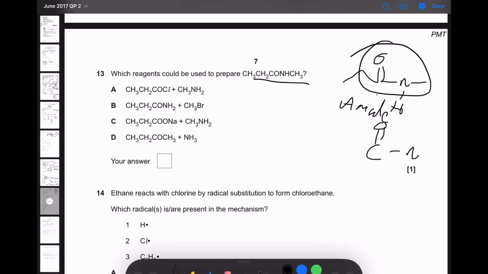So if we split this down the center, how are we going to create it? Well, we're going to react an amine with what's going to give us this group here. Well, it's going to be an acyl chloride.